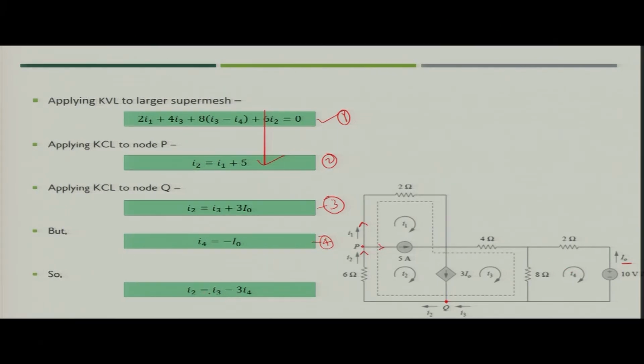Now, if you put this value here, you will get I2 is nothing but I3 minus 3 I4. So, it is simplified now, but we still need the equation for this mesh.